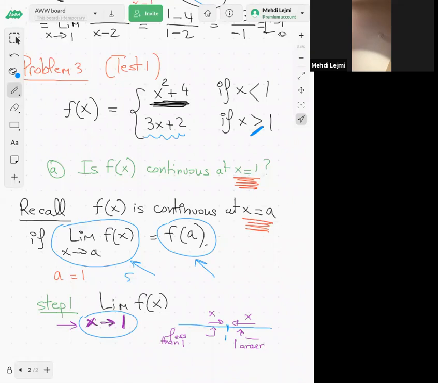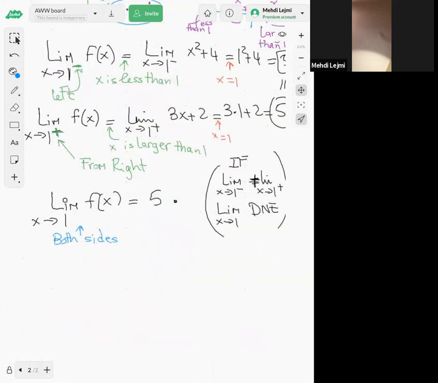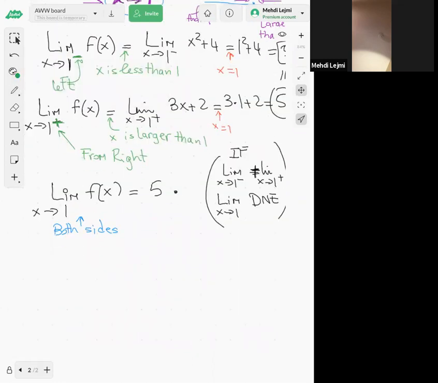So to compute f of 1, I have to use the second equation. So this is step number 2. So f of 1 is equal to 3 times 1 plus 2 is equal to 5. So again, I'm using the second equation because x can be equal to 1 in the second equation.